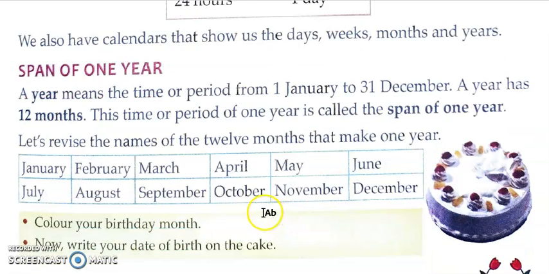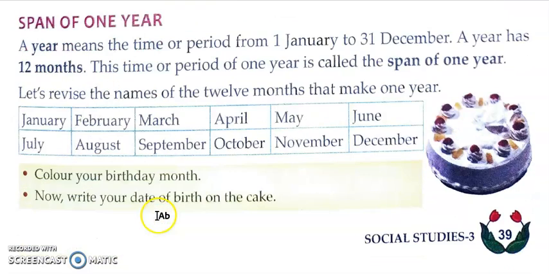Now let's revise the names of the 12 months that make 1 year. And I know that all of you remember the names of the 12 months. But once again you revise it, and with spelling you should know the right name of the month. So you have to see these names of the months, then color your birthday month.